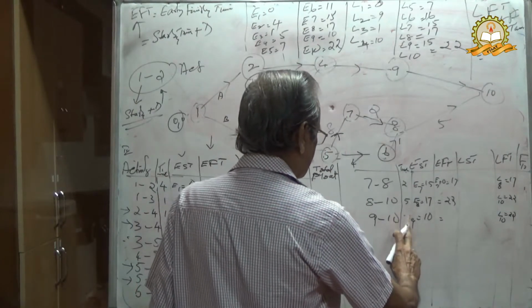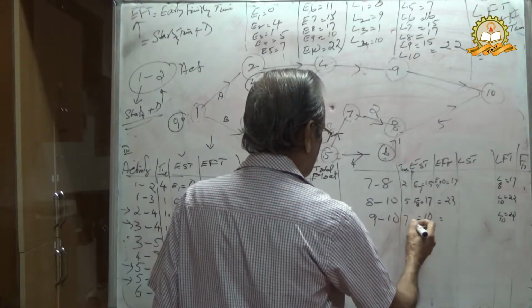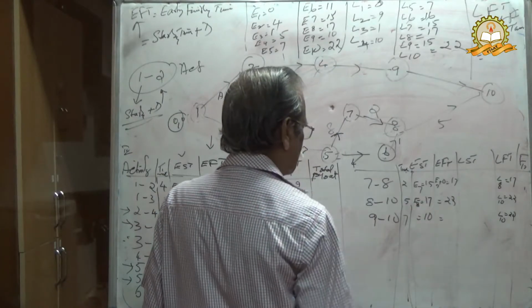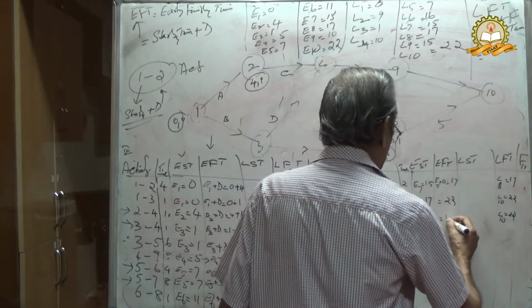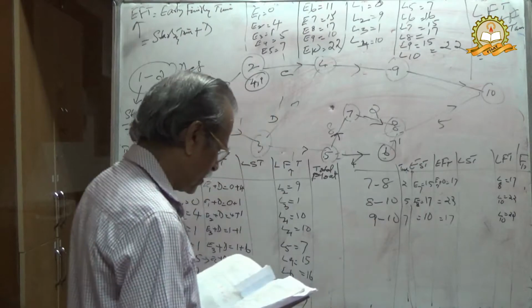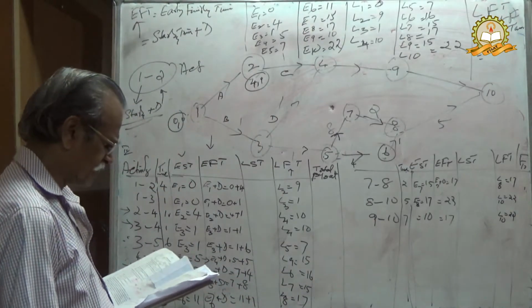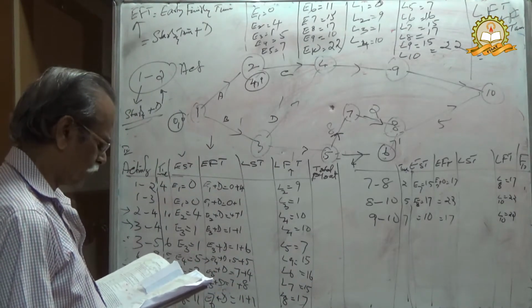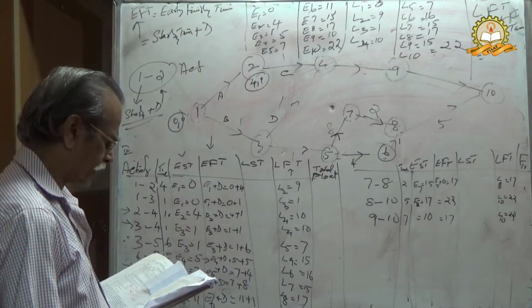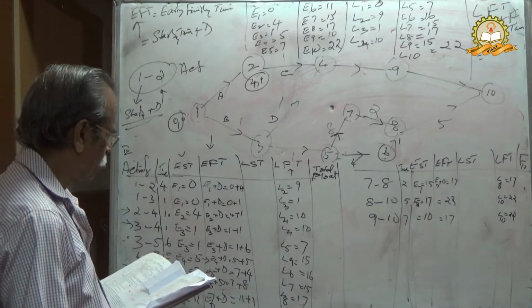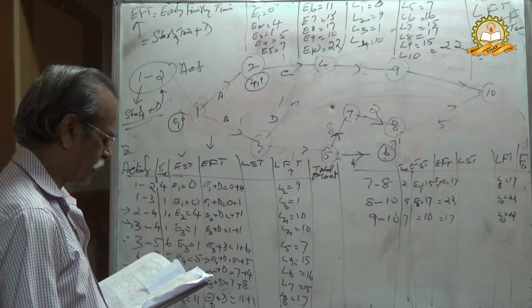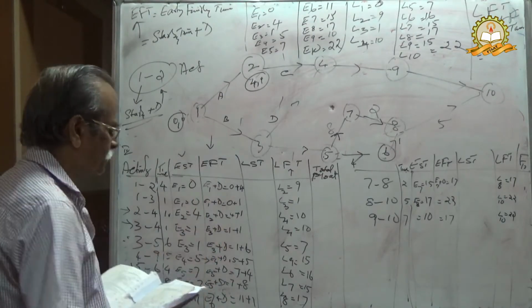This is 7. Therefore you have 17, 22, 17, 12, 15, 11, 10, 7, 2, 5, 1, 4. These are the numbers here.